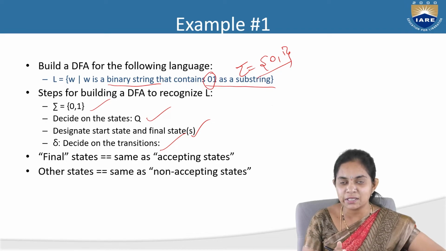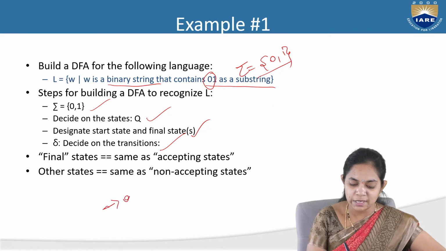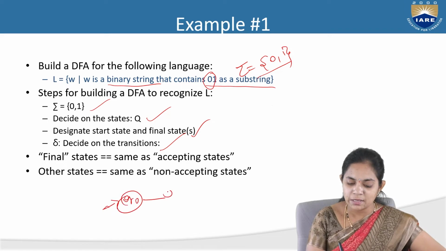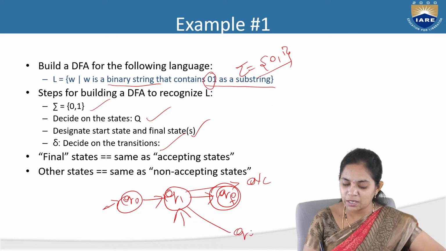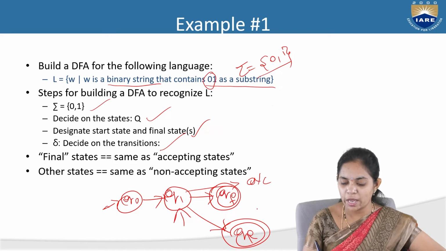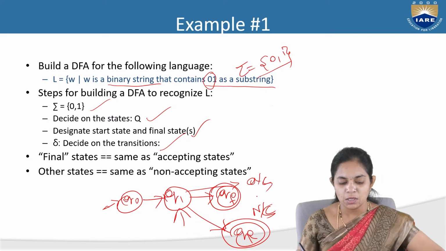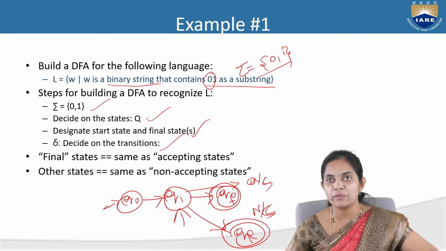In the middle, if this is the initial state and Q1 is the next state, and this is the final state, then this is called an accepting state and the others are non-accepting states. These are the steps involved in the construction of a DFA.